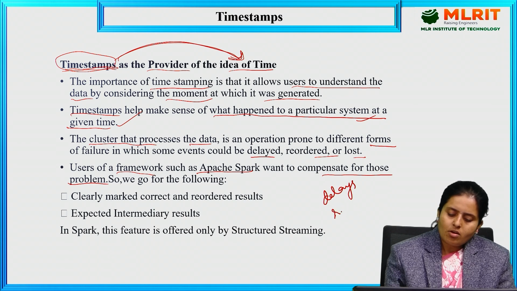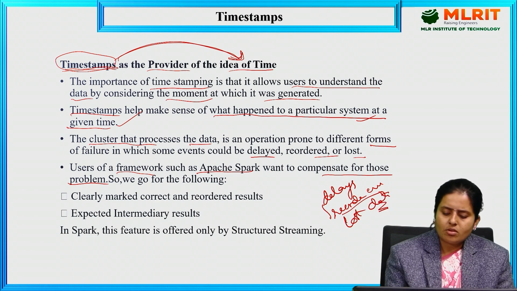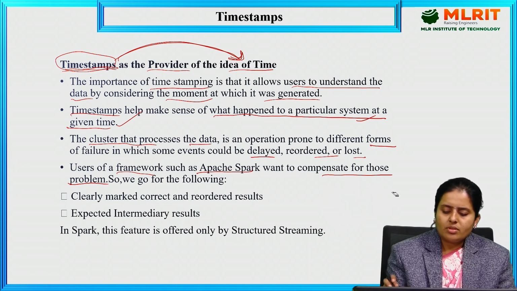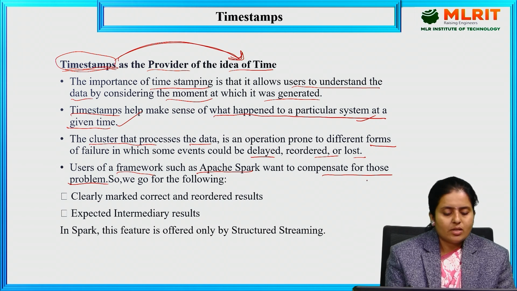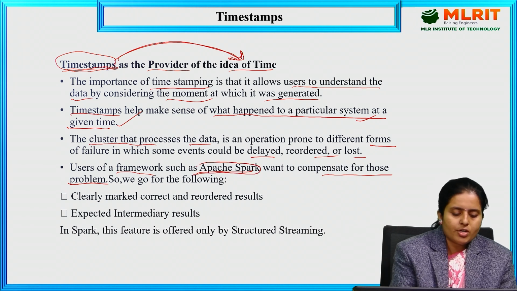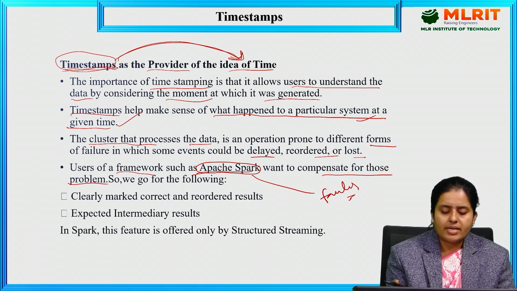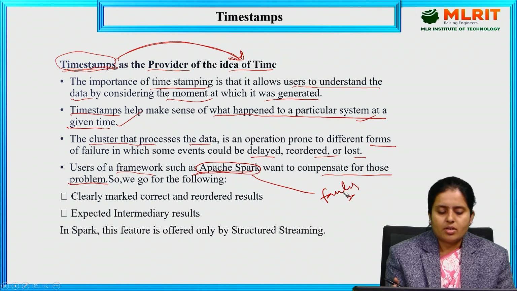Delayed or reordered events, and loss of data. All these are failure concepts, and we can compensate for them with Apache Spark fault tolerance, which we have discussed in earlier classes.